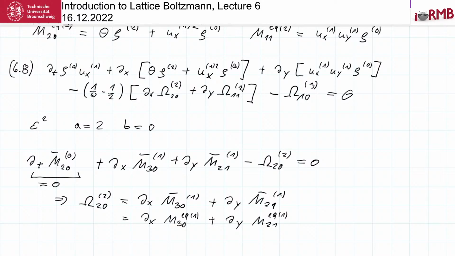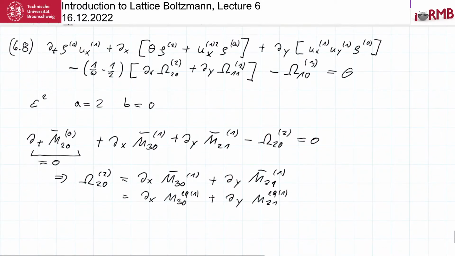Because their collision operator is 0, and this can only be when they are the same as their equilibrium. Okay, so this. What is the moment 30 in terms of rho and u? Let me just write this down, otherwise I forget. Omega AB to first order is 0. This is the reason.